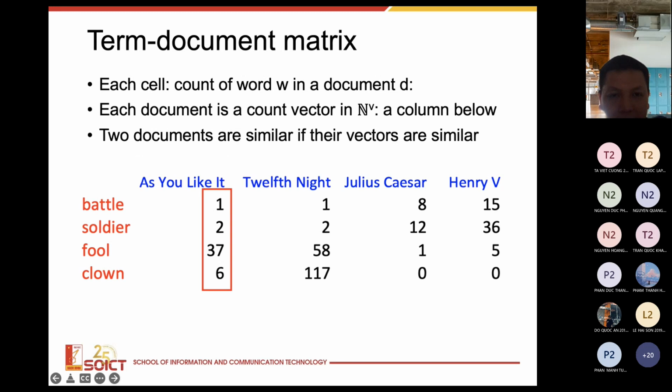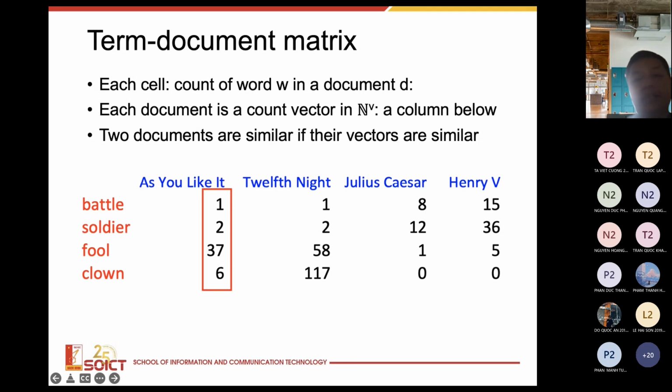So in that term-document matrix, the cell in the table is the count of word, for example, word W in a document D. We have 1, 2, 3, 4 documents, and these are the 4 words we have, right? And this is the count of the word in a specific document, right?